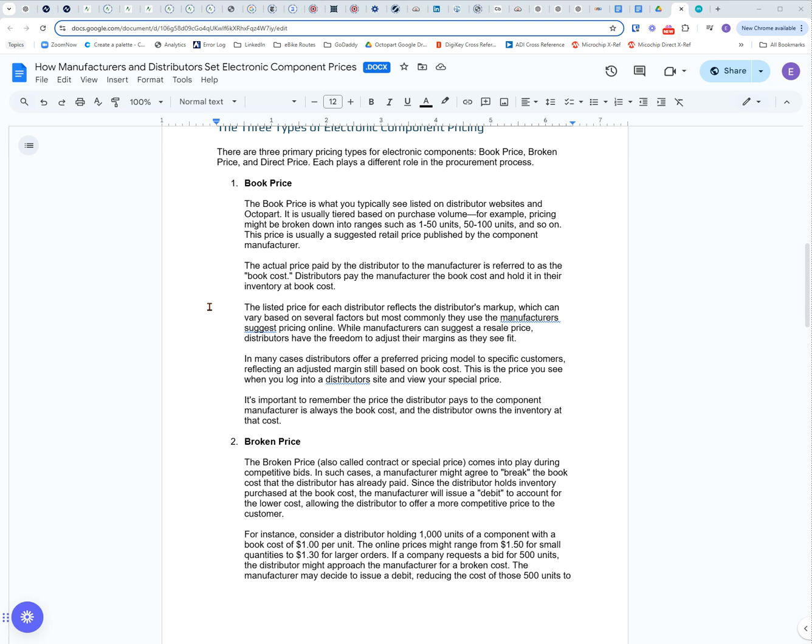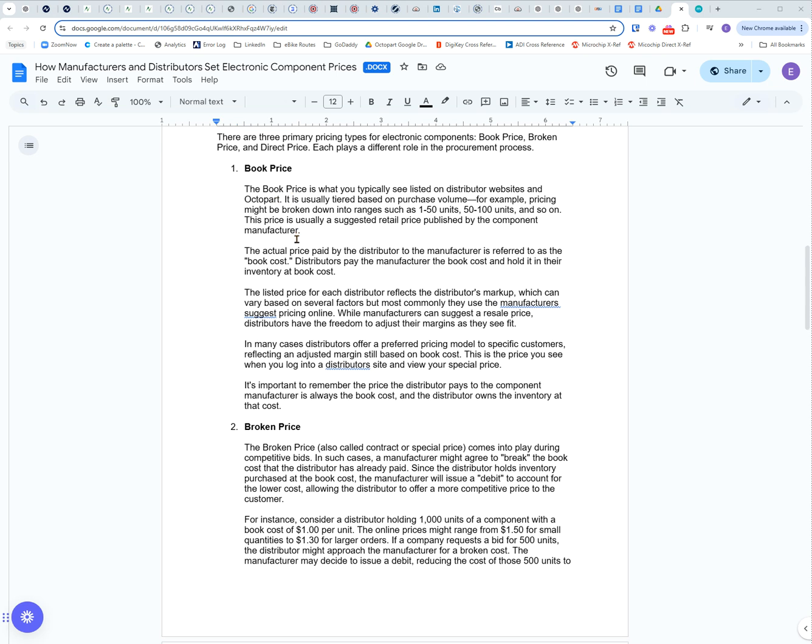Or they'll say you're going to get this much on microprocessors and this much on capacitors, and they might vary it by commodity. That has become quite common. But a key thing to keep in mind is that the distributor is offering that on their own, and they have still paid the book cost to the manufacturer.